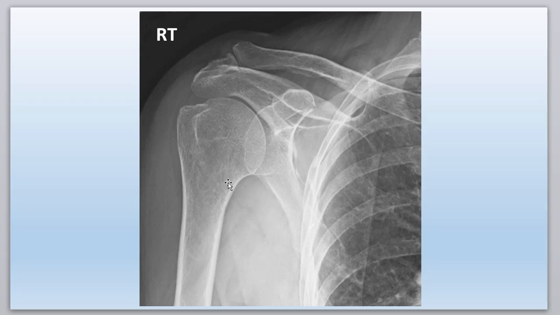Right here is the surgical neck. Why do they call that the surgical neck? It's right at the base of this whole head. That's because a lot of fractures happen right here, and that's where the axillary nerve is in close contact with this. And then we have a little kind of shark fin right here. That white means there's extra bone there. So what is that?